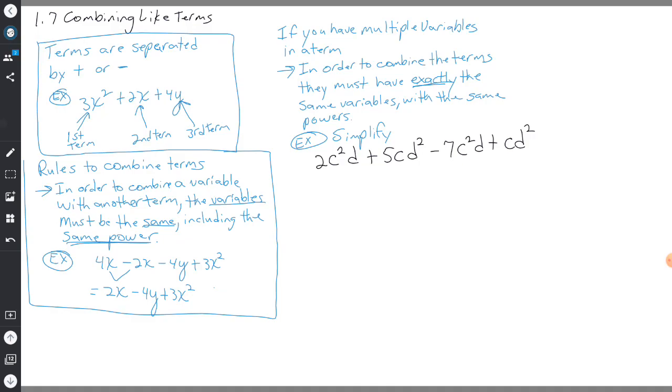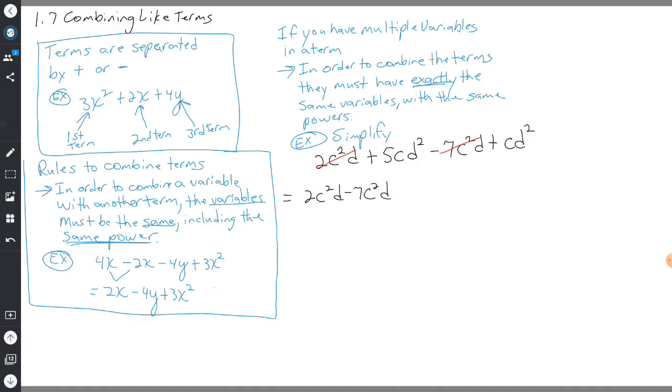Right, because they're exactly the same. So what we can do is take that and just rewrite it, put it right next to it. So that way, we can just go and cross these out now and see what's left.